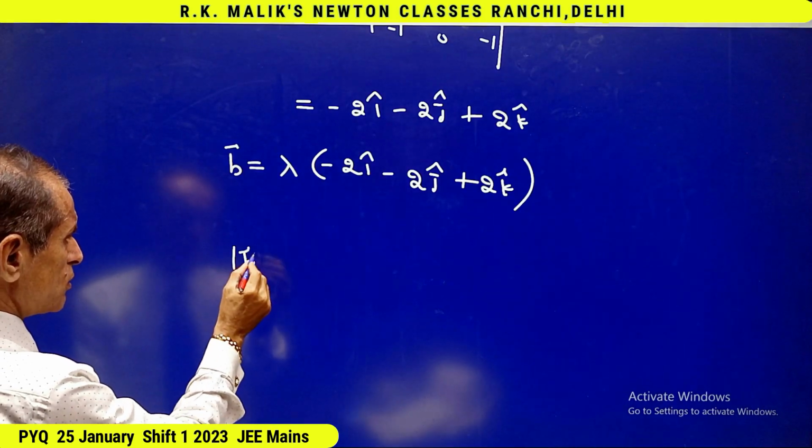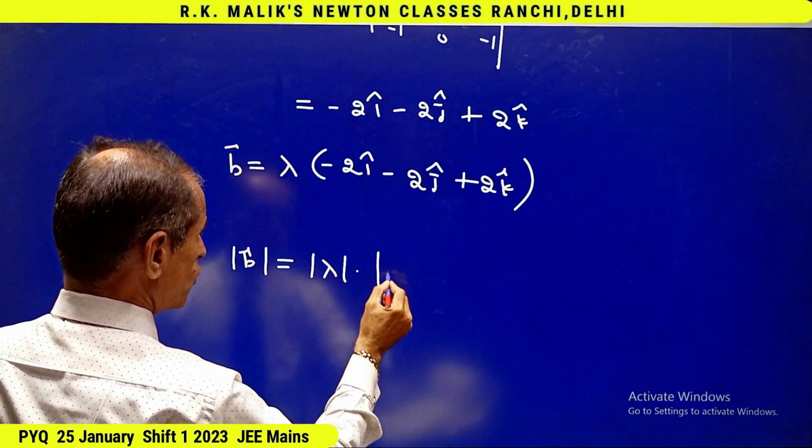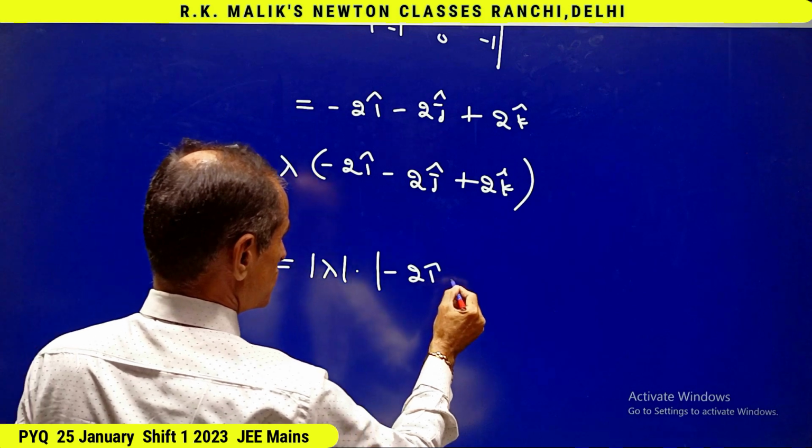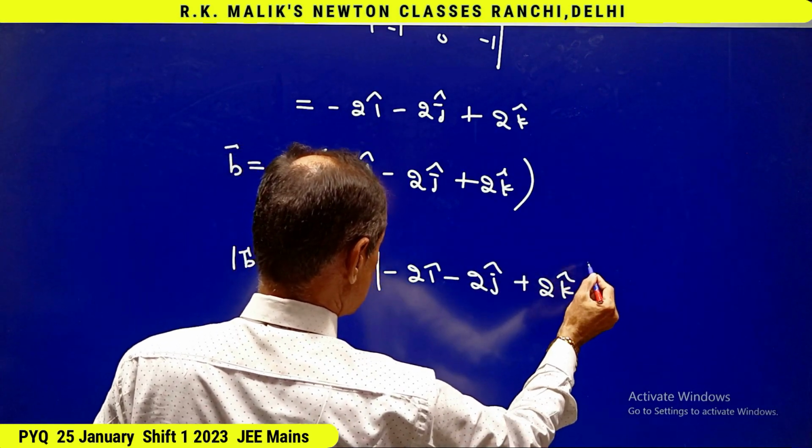Mod of B is equal to mod lambda into mod of minus 2i, minus 2j, plus 2k.